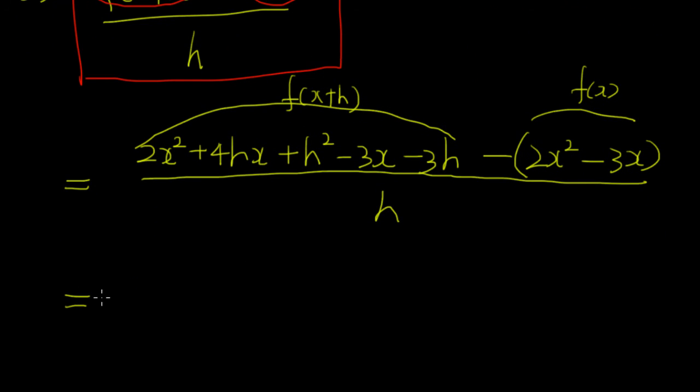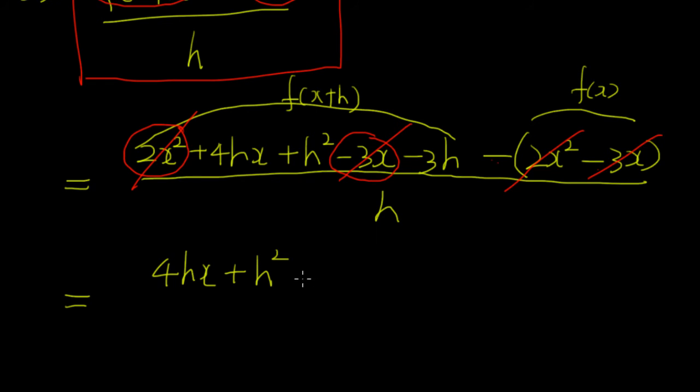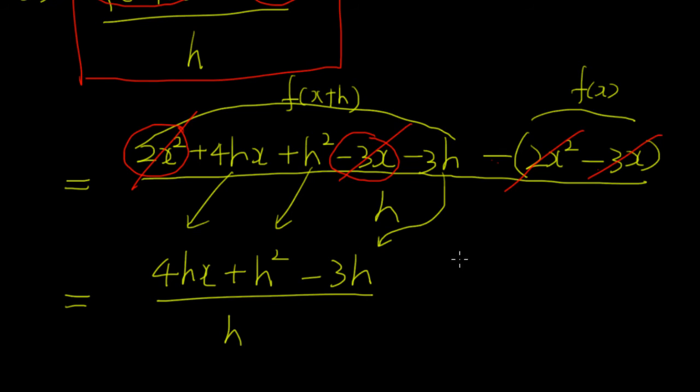All right. Now let's see what cancels out. See this 2x squared, when we apply this minus, we have minus 2x squared, so this will cancel out. What else? We have this minus 3x. When I apply this minus inside, it would be plus 3x, so that will cancel out with this. So what's left behind? We have 4hx plus 2h squared minus 3h over h.